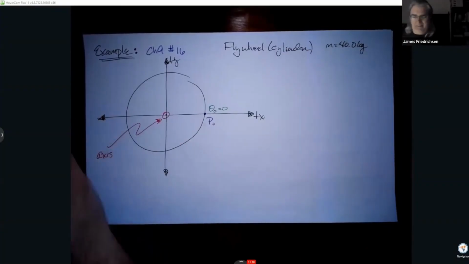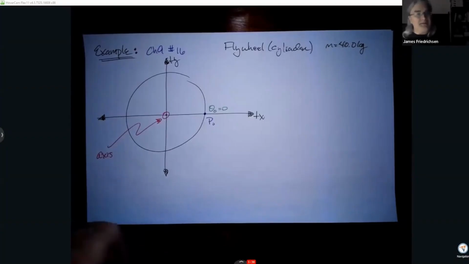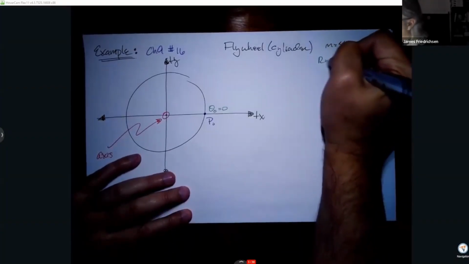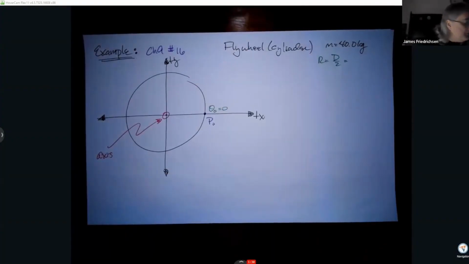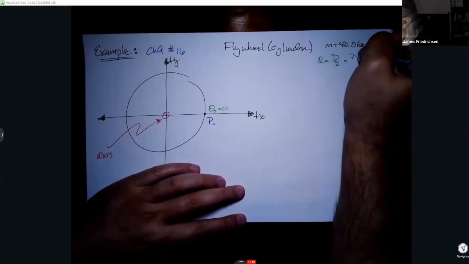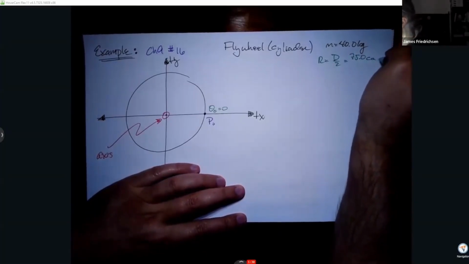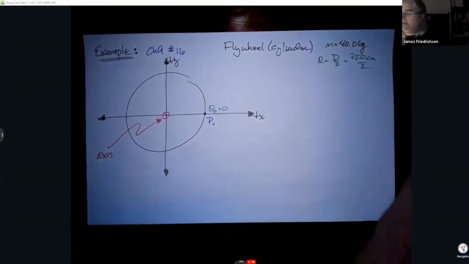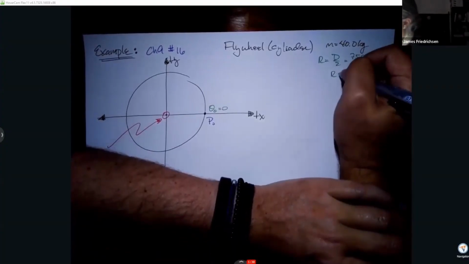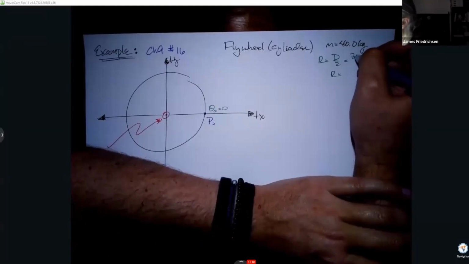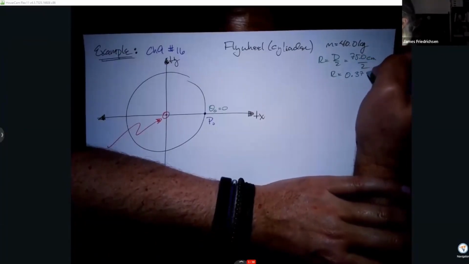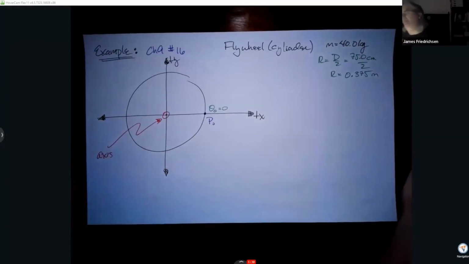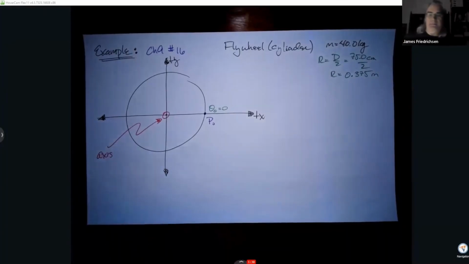And they gave a diameter, of which we're probably only going to want the radius. They said that the diameter of the flywheel was 75 centimeters. And so then we can find the radius of the flywheel. This would be 37.5 centimeters, so 0.375 meters, because we'll want everything in SI units no matter what.